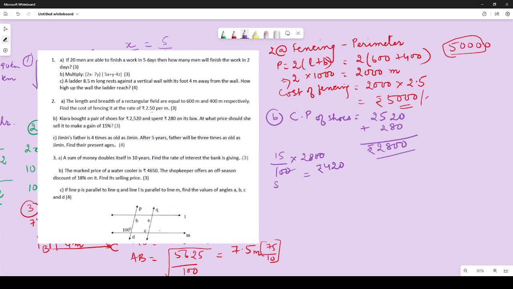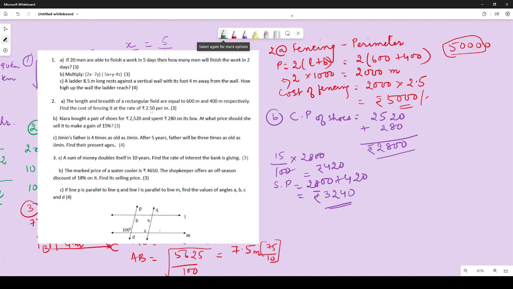So now the SP becomes 2800 plus 420, that makes it rupees 3240. This is the price at which Kiara must sell her shoes if she wants to make a profit of 15%, right? Now let us take up question number 2, C bit.